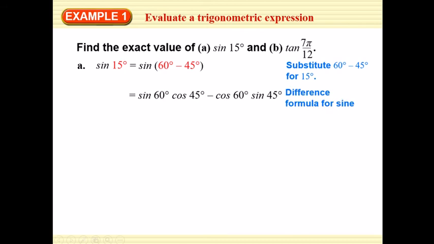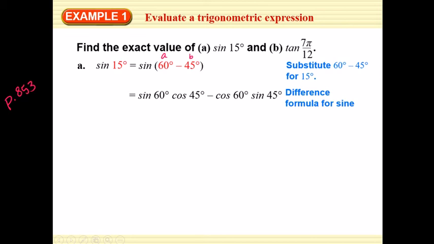So I go ahead and write out my difference formula, substituting in the values for 60 for A and 45 for B here. And then I can use the chart on page 853. That chart has the sine, cosine, tangent of your 30, 45, and 60 degree angles, those exact values.